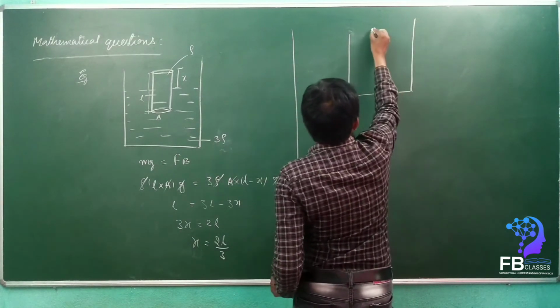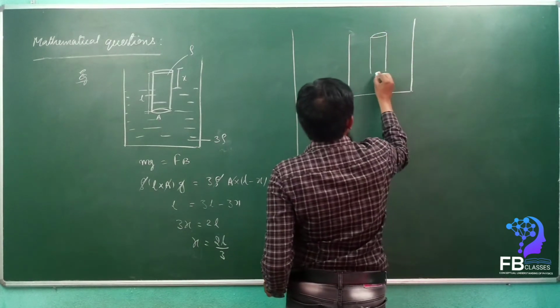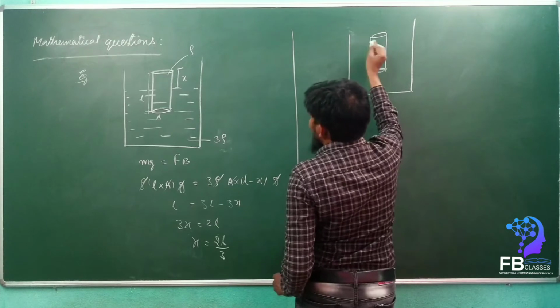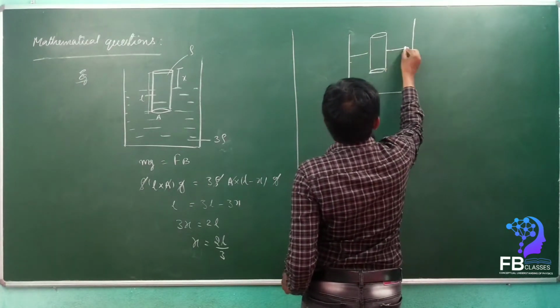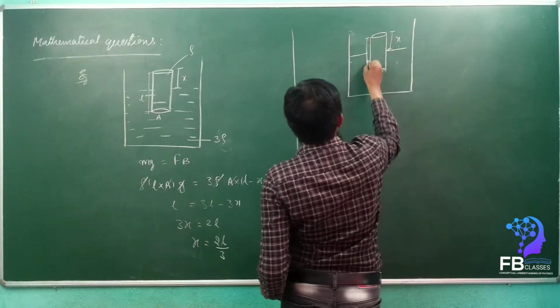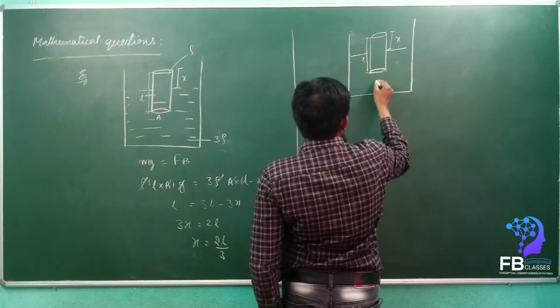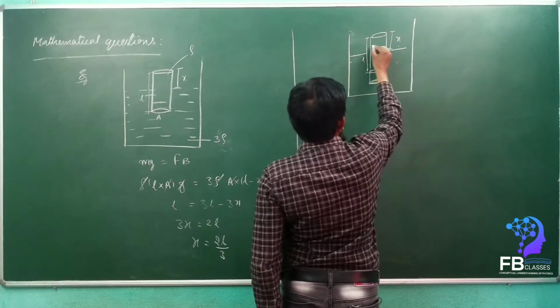this is the cylinder. This is an X value, and this is L. Now the cylinder is slightly pushed in, so it will come here.